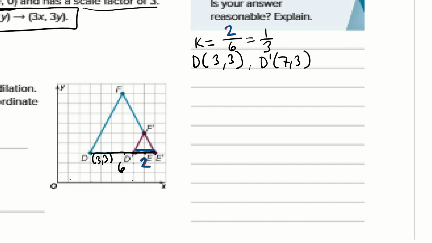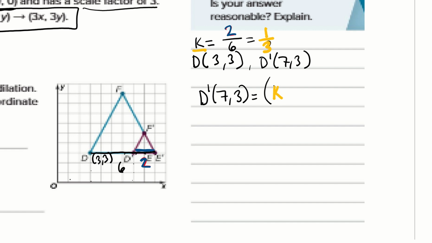So remember, for the transformation, the image equals the formula. Let me just write down the coordinates. D prime, which is 7, 3, is equal to the formula: K, let's do that in yellow, 1/3.